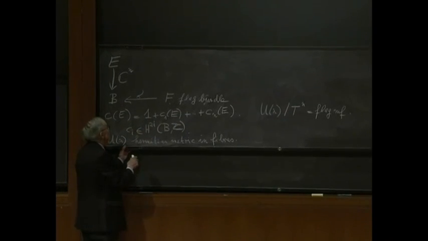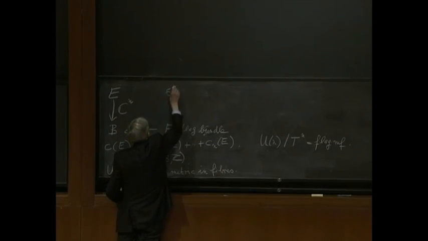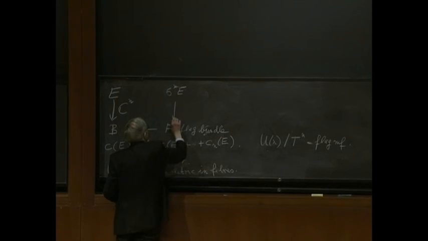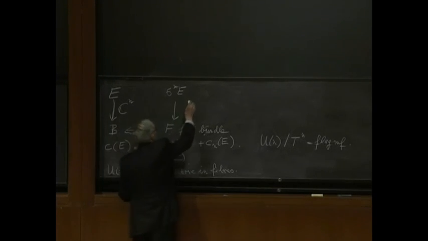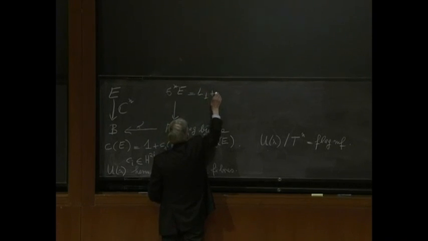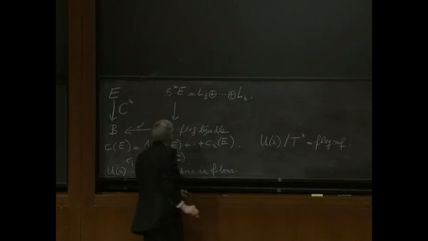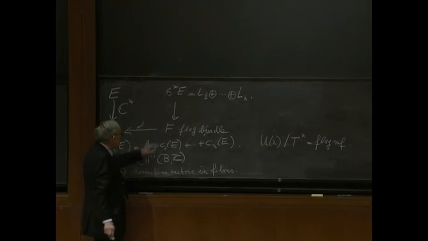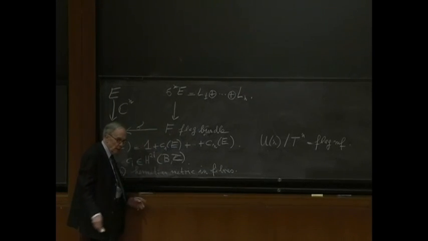And now we lift our given bundle E to F. And now suddenly the bundle splits up into a direct sum of line bundles, so-called tautological line bundles, because over every point, if we take any fiber, this fiber is sitting over a flag, and this flag determines the splitting of the fiber into lines.